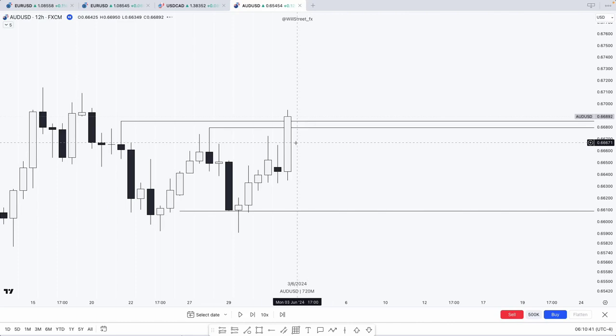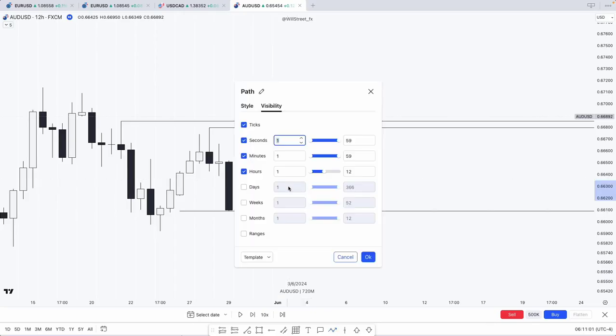So going into 12 hours, look at this. We have the liquidity. We don't need to create an intra turtle soup because the turtle soup is already done and it fails here. This is the 5 AM candle when New York starts.